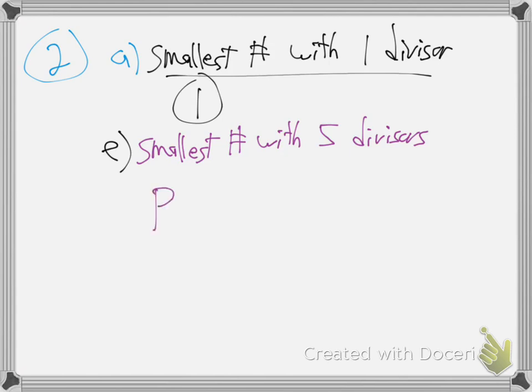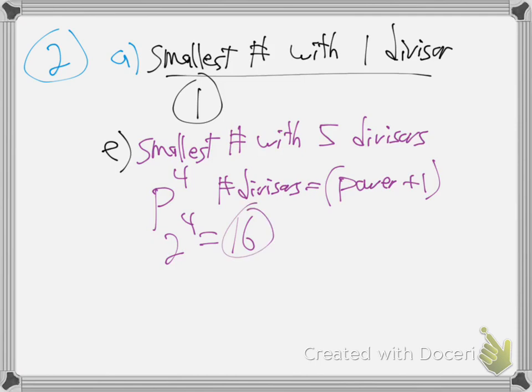What's the model? P to what power? P to the 4th, because again, the number of divisors is just power plus 1. So that's going to be 2 to the 4th, which is 16. Does 16 have 5 things? It does. 1, 2, 4, 8, and 16. 5 things go into it.